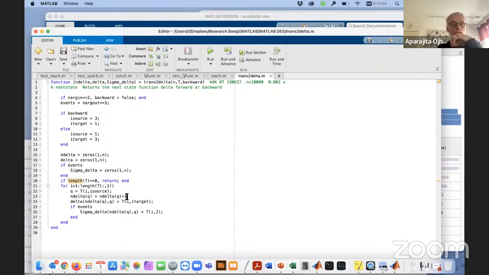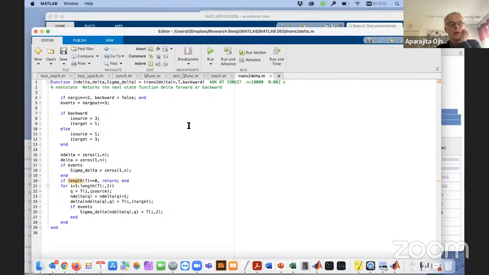So the row N delta just tells how many target states you have for each source state.